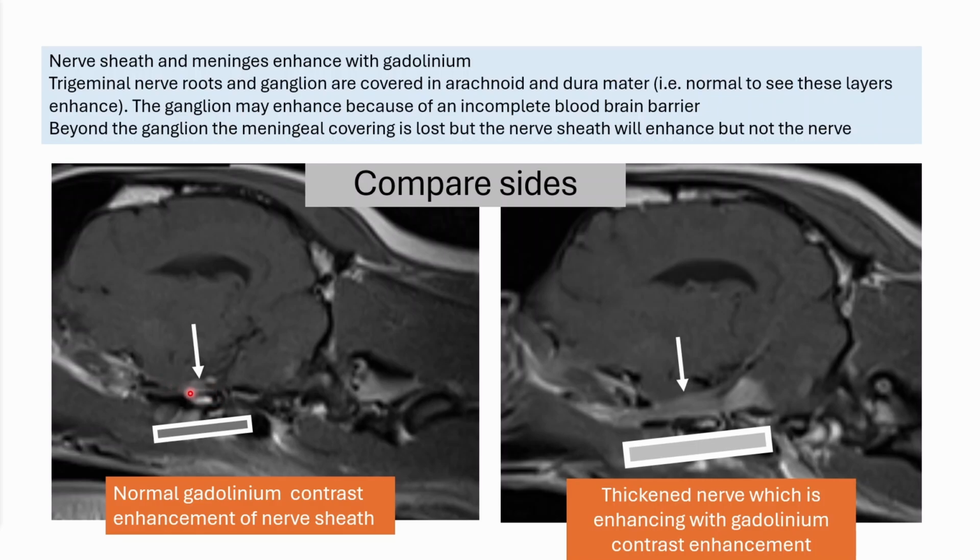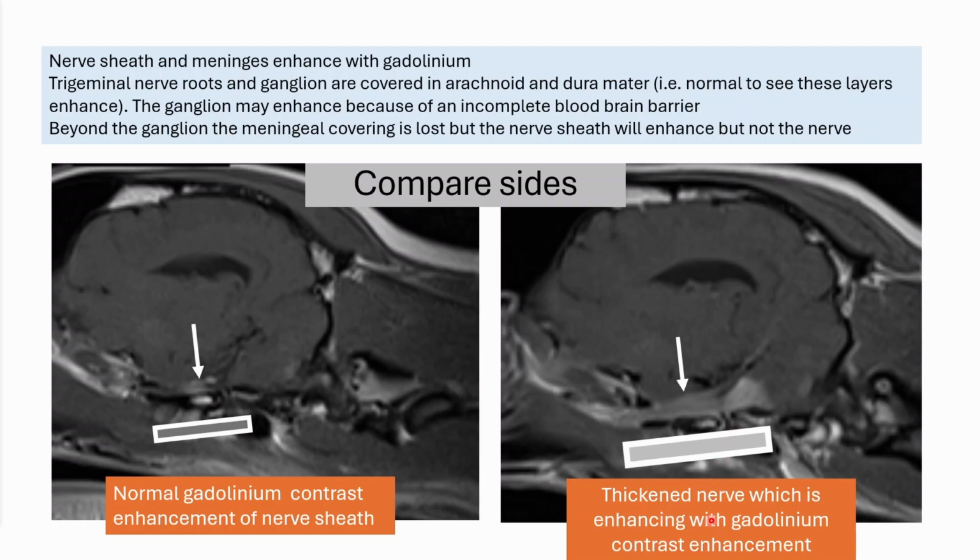So this is an example of that. You see the nerve sheath as these kind of tram lines, enhancing tram lines down the nerve. And this is not just true of the trigeminal nerve, this is true of the optic nerve and other nerves as well. Inside the nerve, in my opinion, it doesn't normally enhance. You see it as the same signal as the rest of the brain.